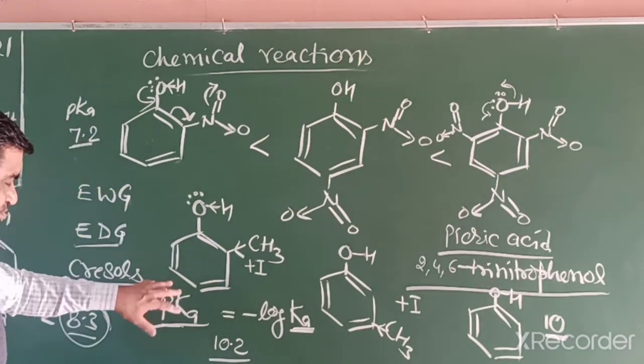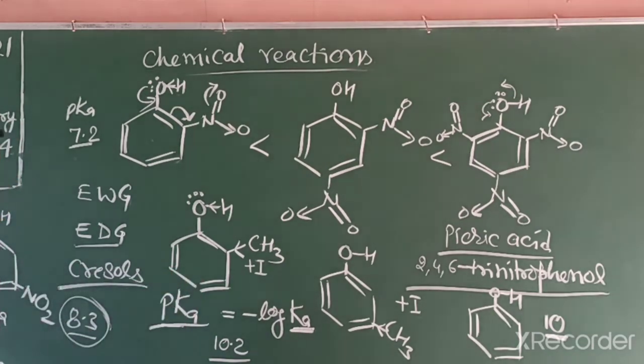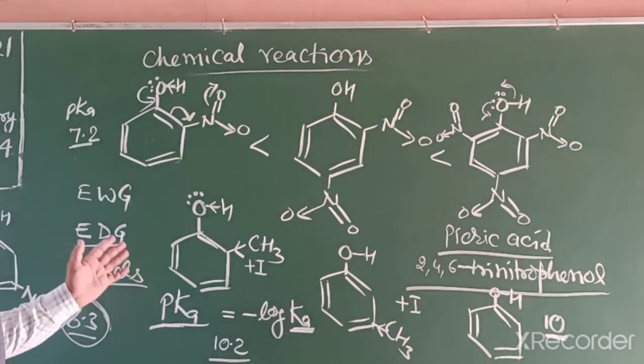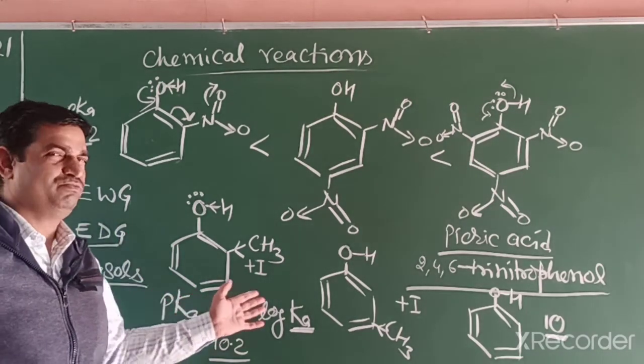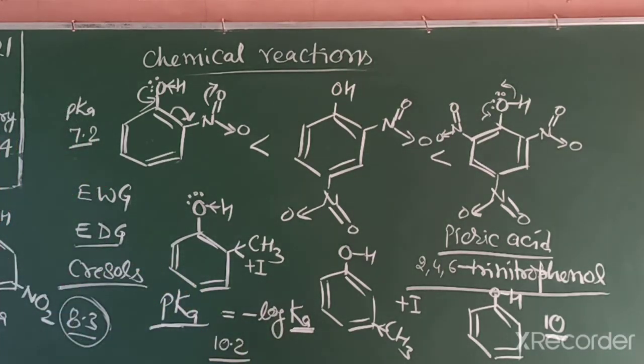Students, only a rule: the lower the pKa value, the stronger the acid. Why lower? We know acidity depends on the negative logarithm of the hydronium ion concentration. When the dissociation constant is more, the acid is stronger, but when we take the negative logarithm, this value becomes lower.